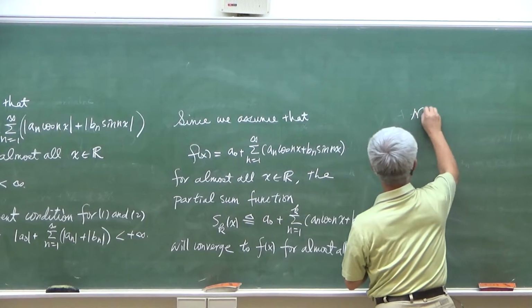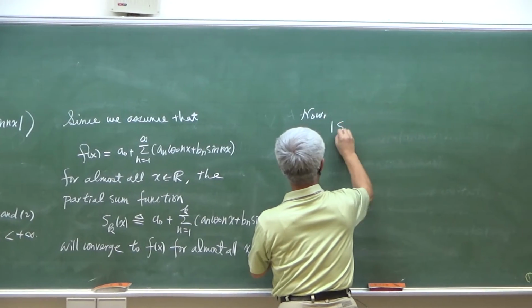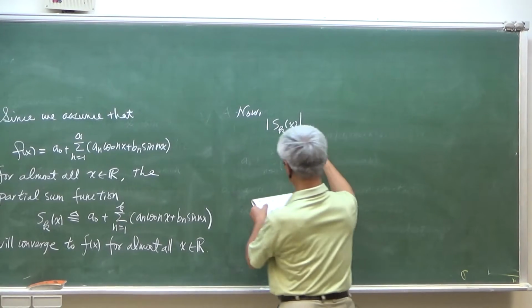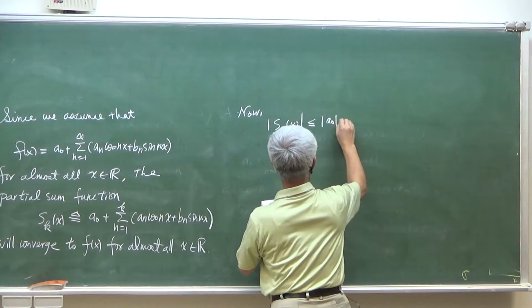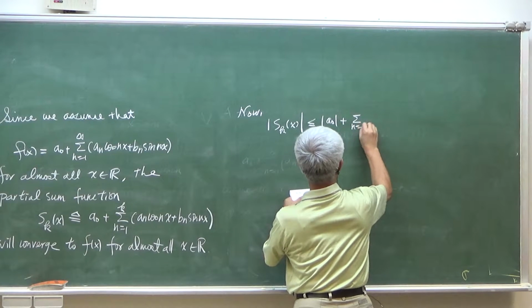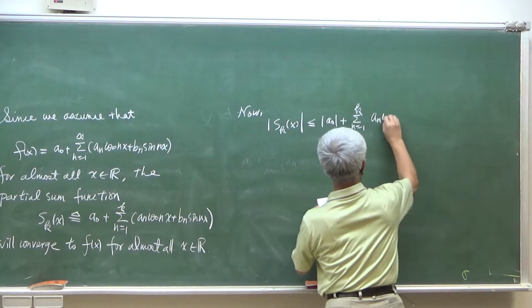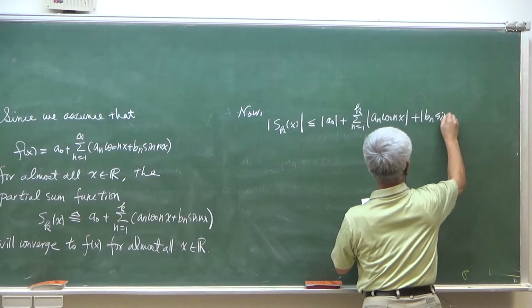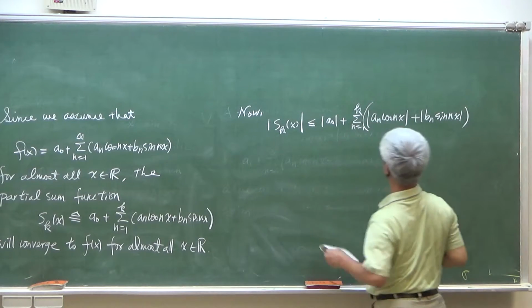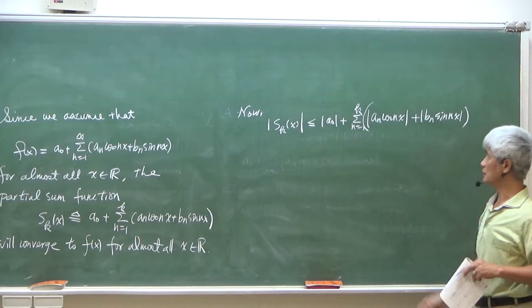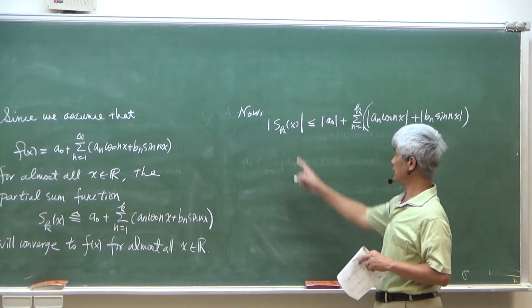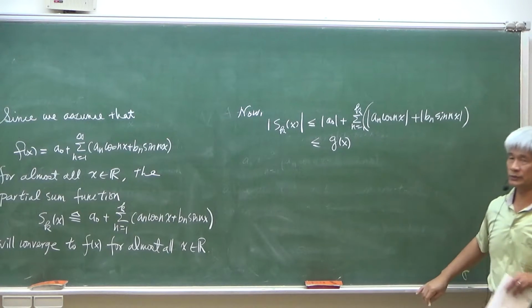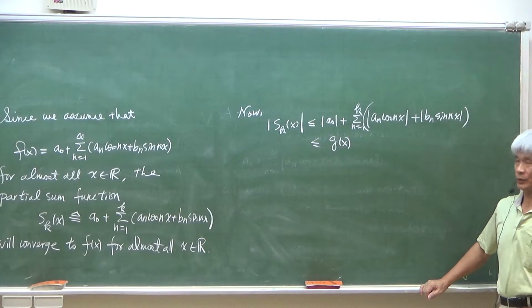Right, now we observe the absolute value of the partial sum function. So we know the absolute value of each partial sum function, of course, is less than or equal to g of x. Right?